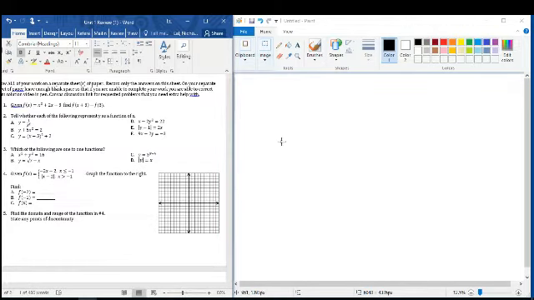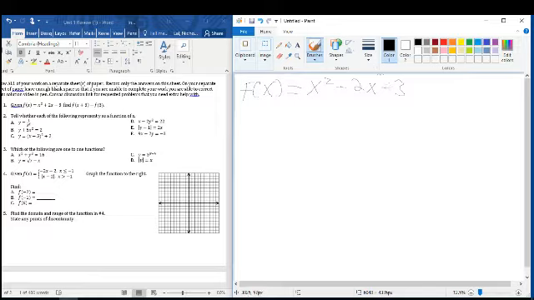so let's start with 1, f of x. It's going to be equal to x squared plus 2x minus 3. That's fair.